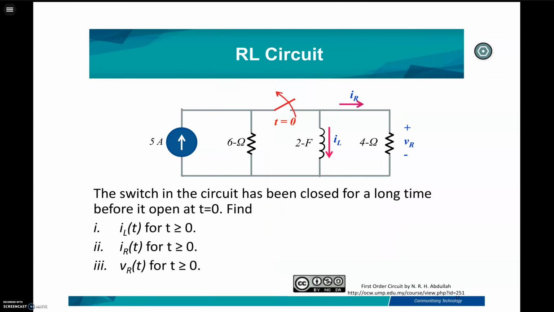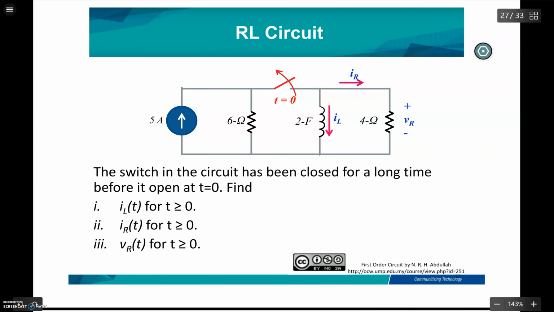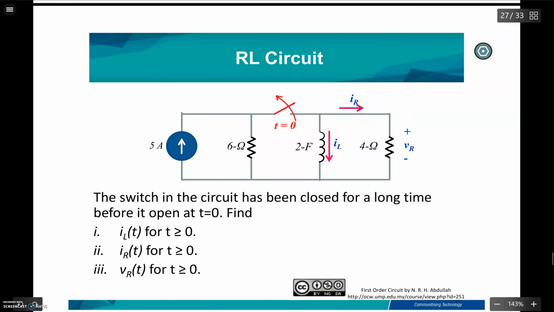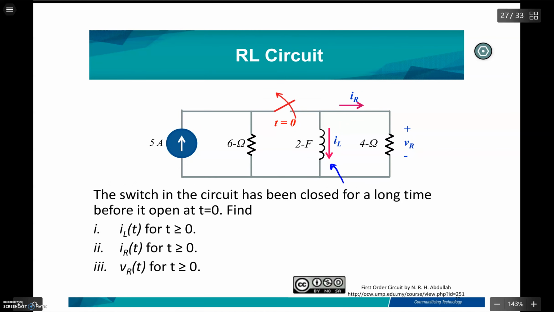This is an example of the RL circuit. You can see that this circuit consists of the L, here is L. You need to find iL(t), iR(t), and then vR(t).